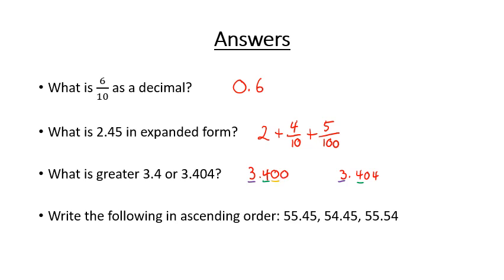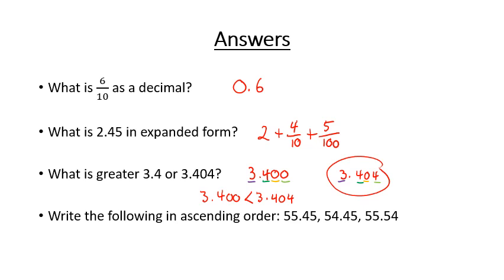Compare the third digits, they're both 0s. But then it starts to get interesting when we compare the fourth digits, because that's a 0 and a 4. So therefore, this number is going to be greater. So 3.400 is in fact smaller than 3.404.